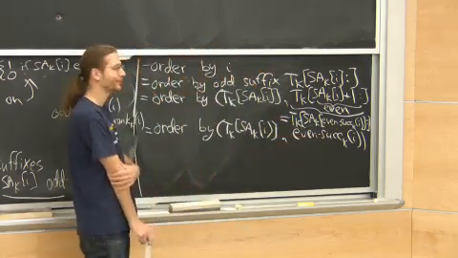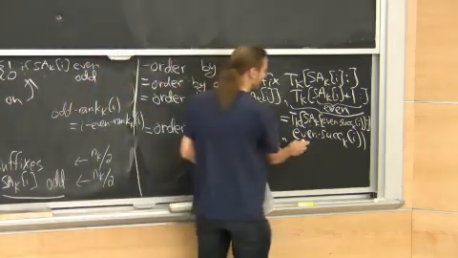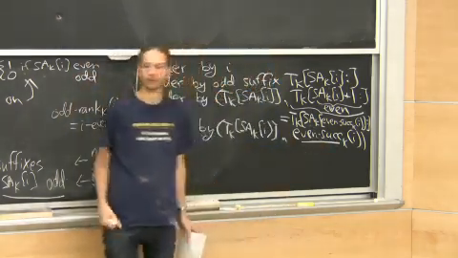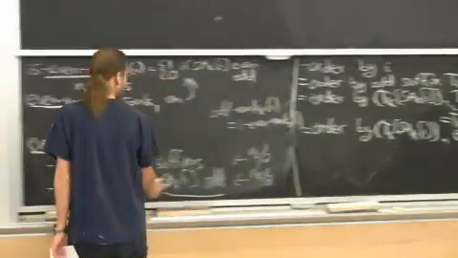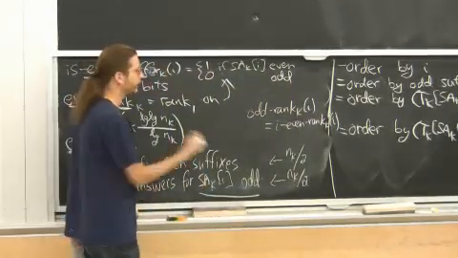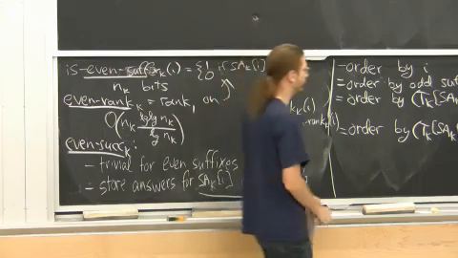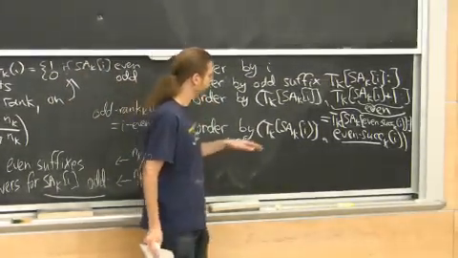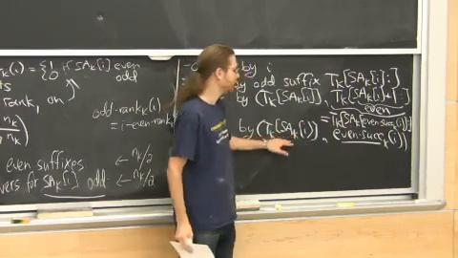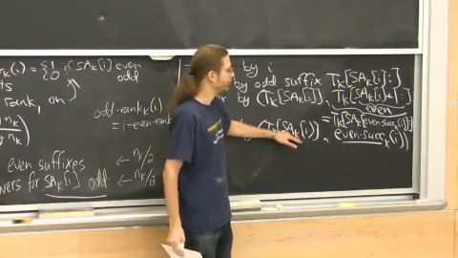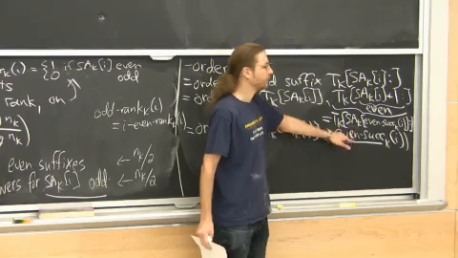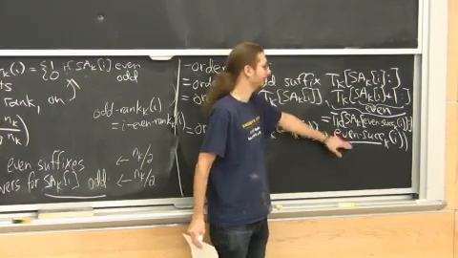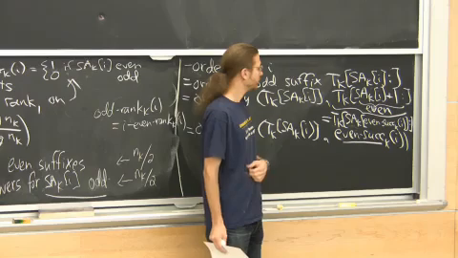Ah, interesting. Because this is what I want to store, right? Those are the answers that I'm trying to store. I'm trying to store even successor for every I that starts at an odd suffix. So really, all I need to do is order by this thing, and then once I've ordered by this thing, I'll store these guys in order by their value. Cool.